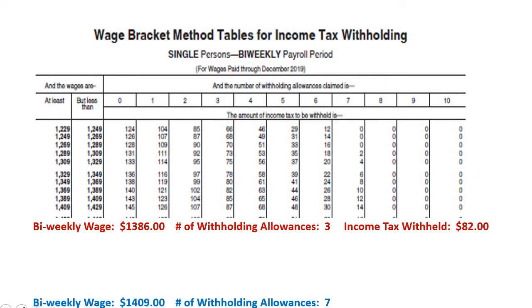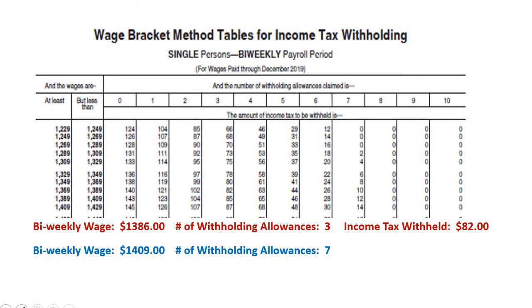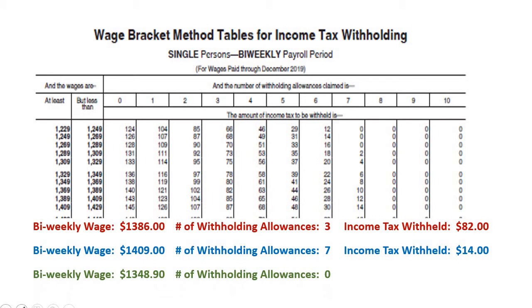Excellent. Here's another one. Biweekly wage is $14.09. Number of withholding allowances is 7. How much income tax is withheld from this check? Excellent, $14, because here $14.09, when it's listed we always take the lower one, and we go to 7, and there it is, $14. Okay, last one here, $13.49 for the check amount.